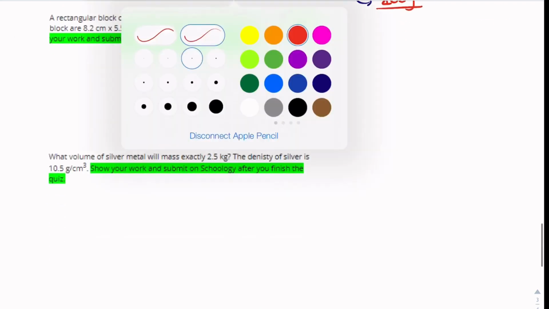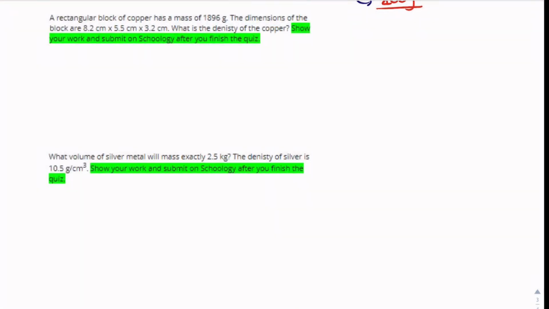Okay, last two. A rectangular block of copper has a mass of 1896 grams. The dimensions of the block are 8.2 centimeters by 5.5 centimeters by 3.2 centimeters. What is the density? So density, we know, is mass over volume. So how I did this one is I just took 1896 grams and I divided by the volume.